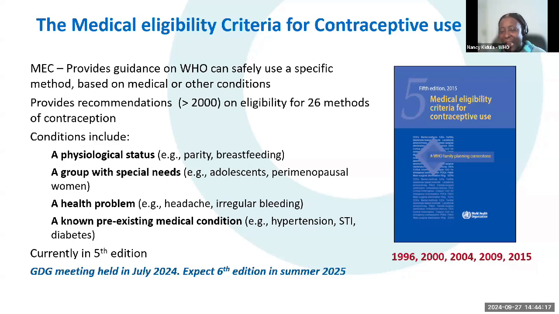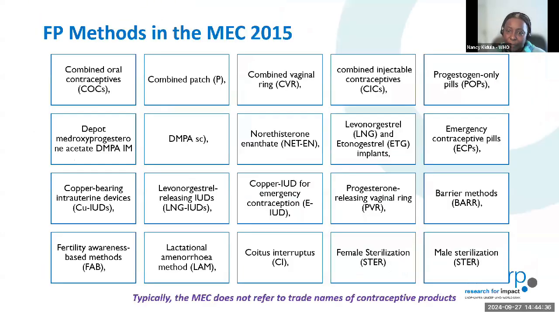That's why we have a choice of methods that we offer. And then we will be able to tell the clients, this one is safe, this one is safe. Now, which one of the safe methods would you prefer to use in your particular condition and for the duration that you want?